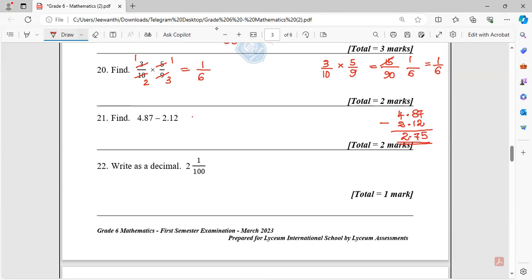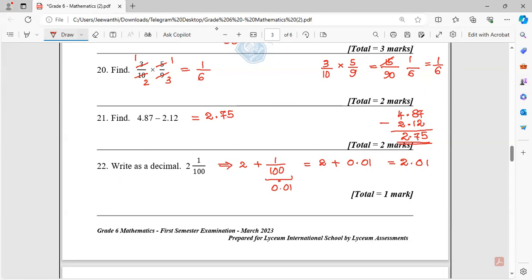So here I write the answer 2.75. And how do you write this as a fraction? 2 plus 1 over 100. 1 over 100, we can write as 0.01. Then the next step, you write 2 plus 0.01. The answer is 2.01.